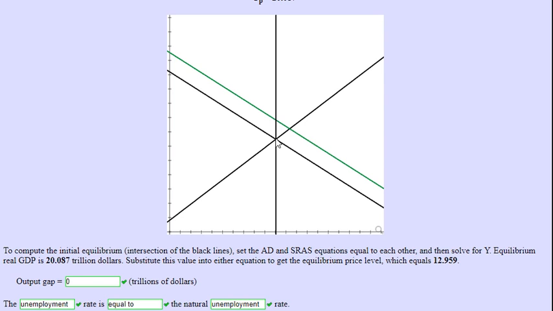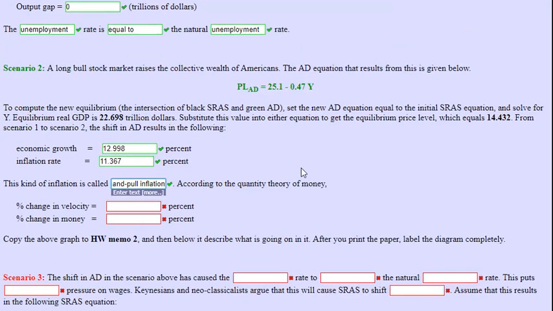And then you'll notice that when we shift up to here, there's been no change in GDP. Okay, so according to the quantity theory of money, velocity is fixed. Remember, the quantity theory of money is this: M, the stock of money, times velocity equals nominal GDP, which is the price level times real GDP.